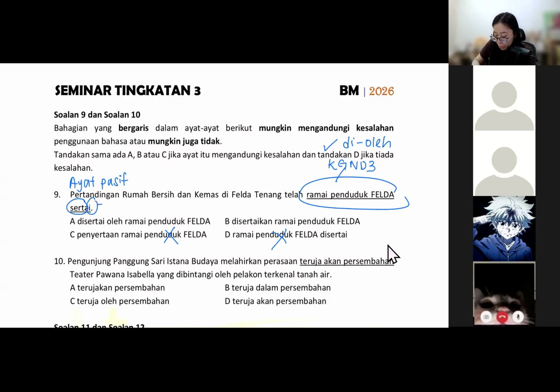Then I is the imbuhan akhiran, the imbuhan at the back. So you are not allowed to put two imbuhan at the back. It's wrong. So the answer is only A. Serta is the original word, then the imbuhan akhiran I is the one at the back. So we don't say serta ikan, it is wrong.